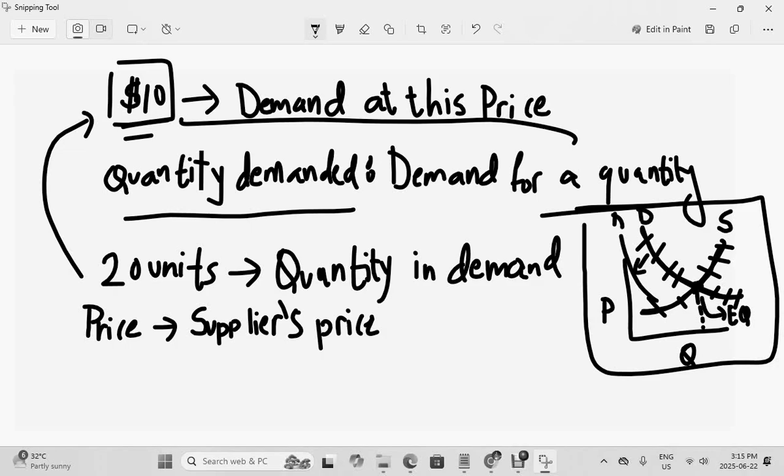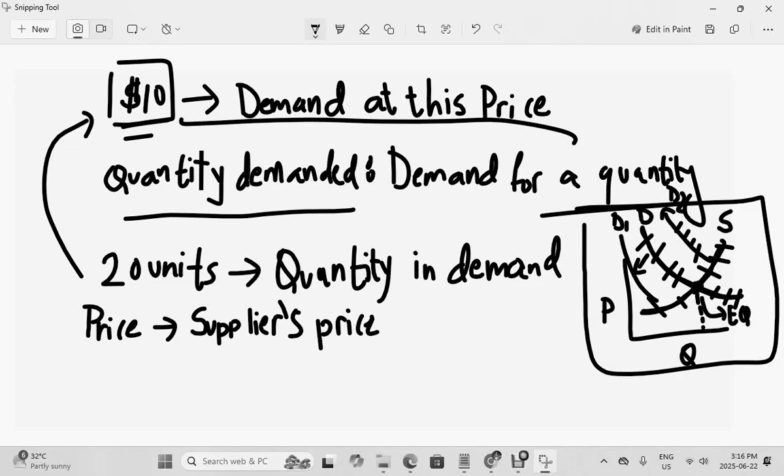This will become your D1, your new demand curve. As the demand curve shifts to the left, obviously the total quantity demanded by consumers will go down, regardless of what the supplier is able to produce. Now, when the quantity demanded goes up, the demand curve shifts to the right. Assume that this is D2.